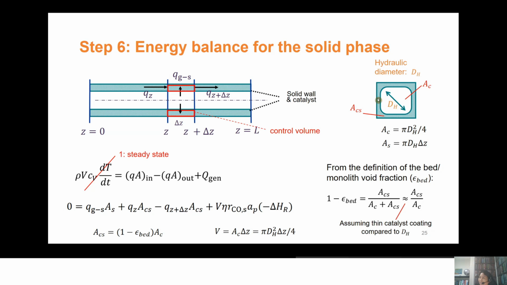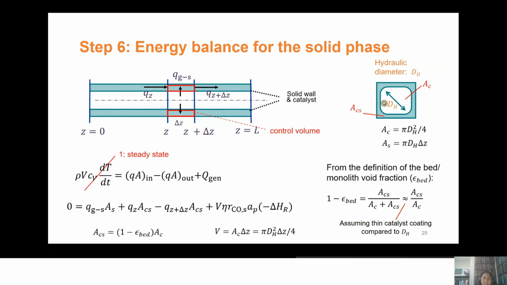Before we used the gas phase, but now it needs to be the solid because the conduction is taking place in the solid. Here we denoted this as ACS, and again, this is the blue part of this diagram, not the white part. The white part is for the gas phase.